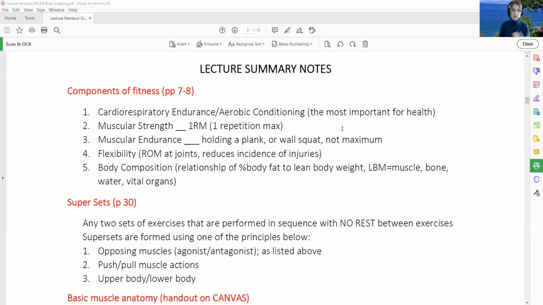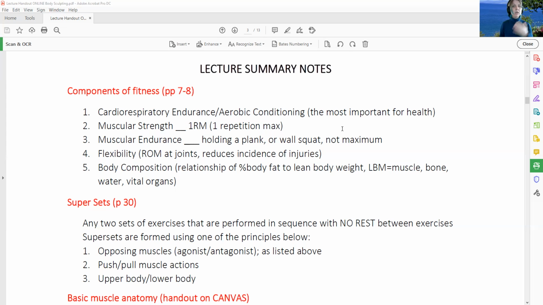One is muscular strength, and the other one is muscular endurance. Muscular strength, by definition, is the ability of the muscles to exert maximal or near maximal force against resistance. Resistance can be gravity.